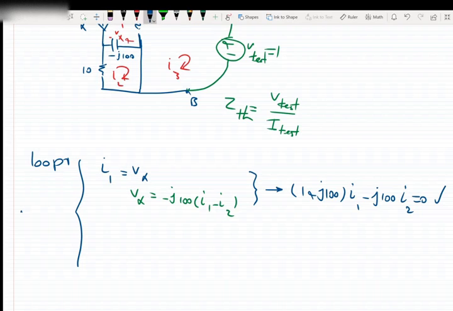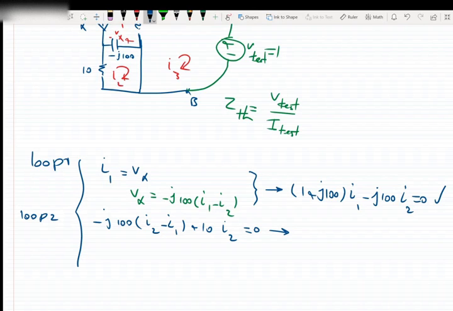Loop 2. We just write the KVL for loop 2, which is simple. Negative J100 times I2 minus I1 plus 10 times I2 is equal to 0.